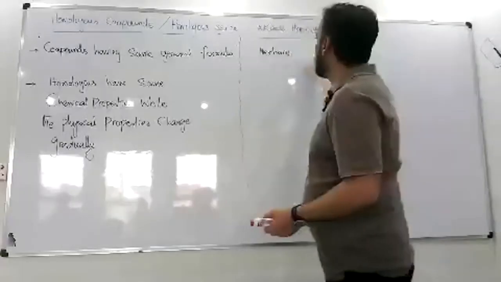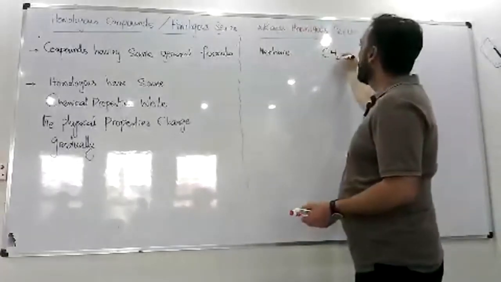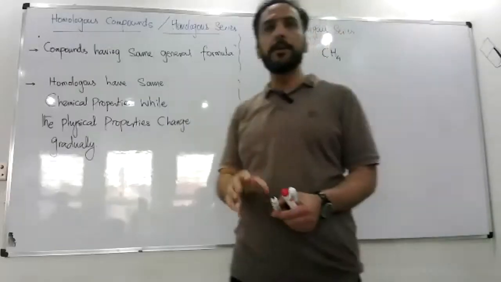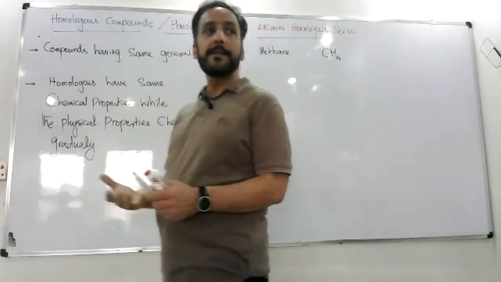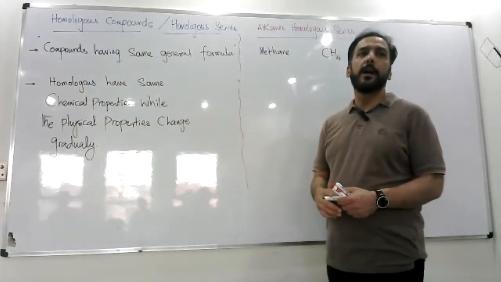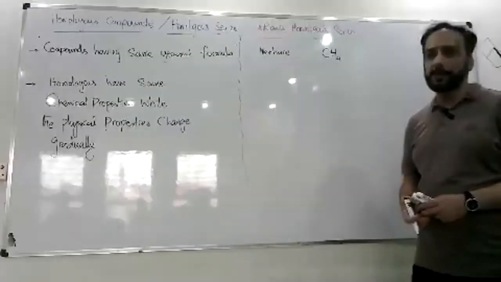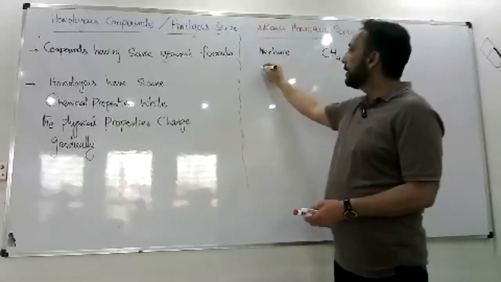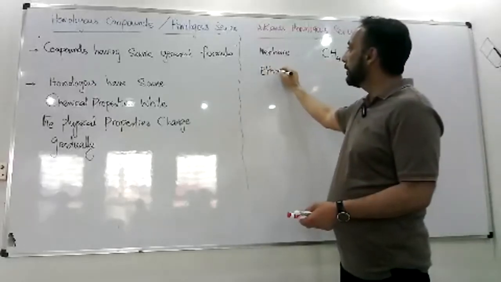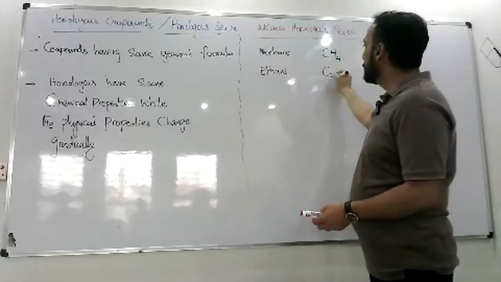The smallest compound in alkane is methane, and methane is like CH4. Yesterday I've been drawing the displayed formulas. आज we'll write them in the molecular form. You need to understand how many hydrogens each carbon would have, for example, if you draw it straight chain. So this is methane. Then we have ethane, that is C2H6.